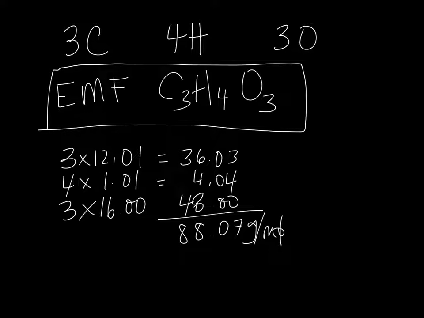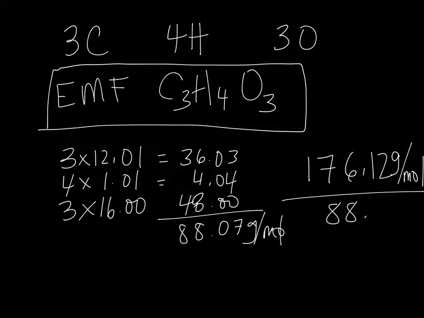In order to find the molecular formula, you need the molar mass of your compound. And it says the molar mass of our compound is 176.12 grams per mole. Guess how many times 88 goes into that. 2.